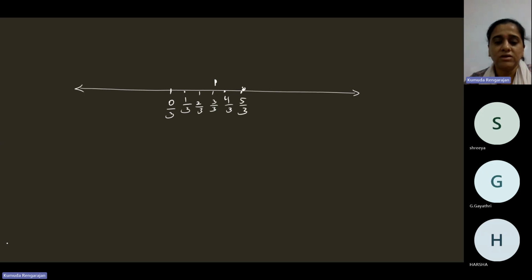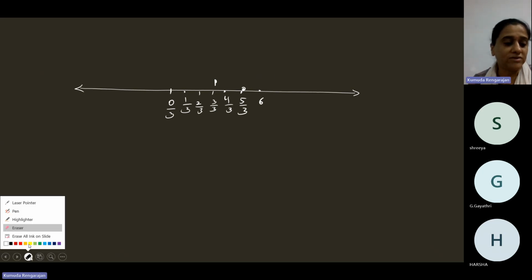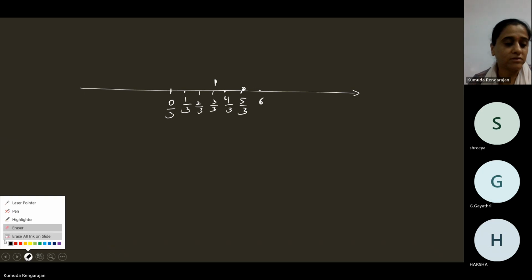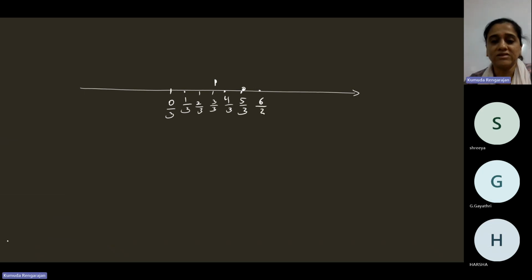So this is the point 5 by 3. Oh, that was minus 5 by 3. Okay, sorry. Then I'll go on the other side.